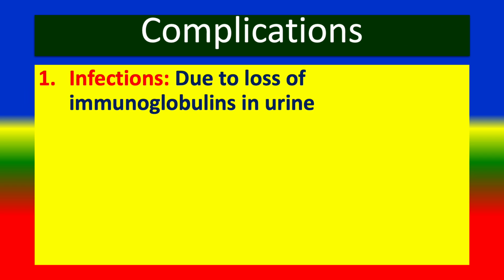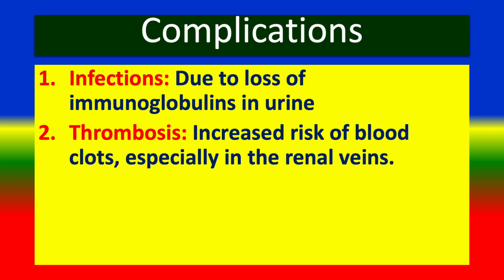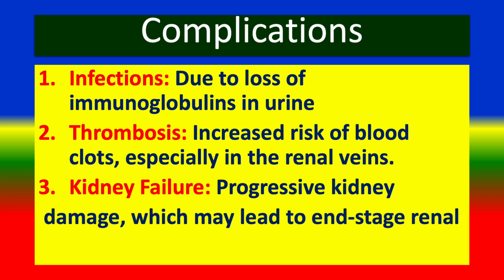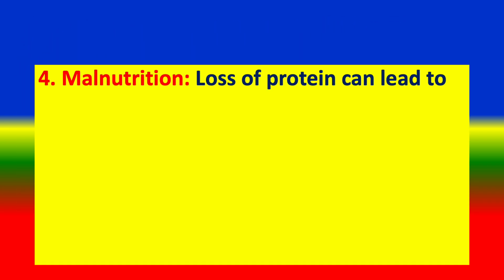Complications. 1. Infections due to loss of immunoglobulin in urine. 2. Thrombosis, increased risk of blood clots, especially in the renal veins. 3. Kidney failure, progressive kidney damage, which may lead to end stage renal disease. 4.